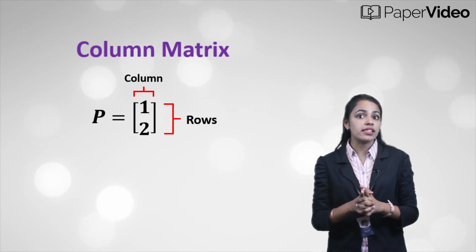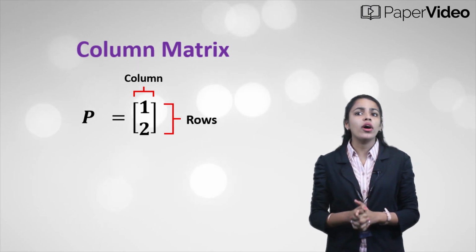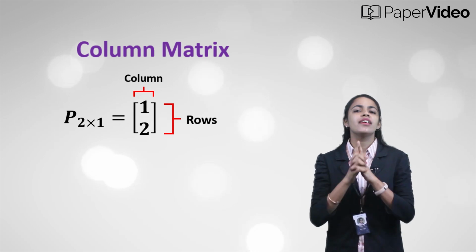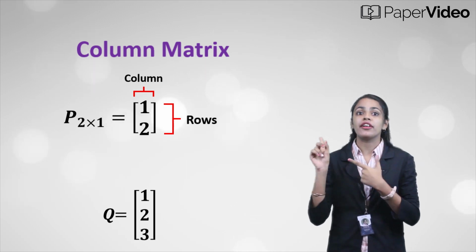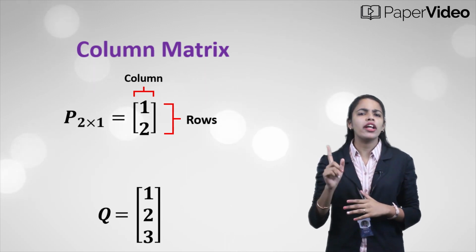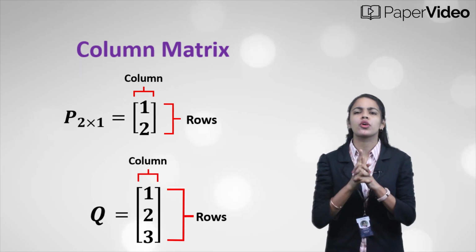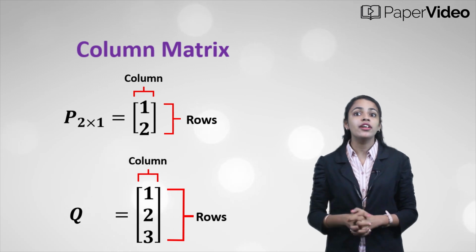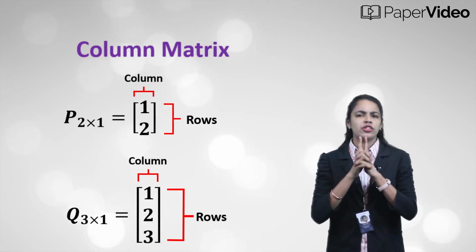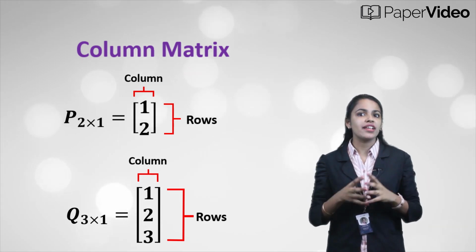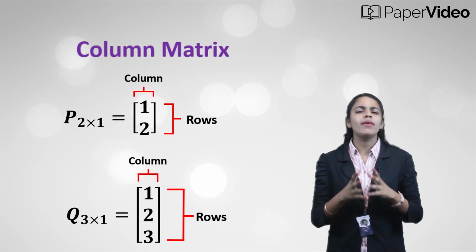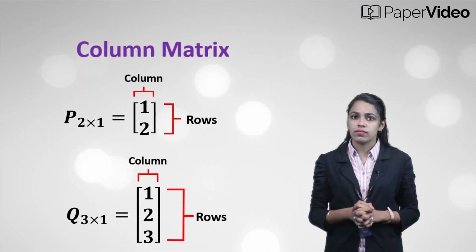So, matrix P is a column matrix of order 2 into 1. Similarly, we have matrix Q having only one column but 3 rows. So, matrix Q is a column matrix of order 3 into 1. So, in a column matrix, we have only one column and any number of rows.